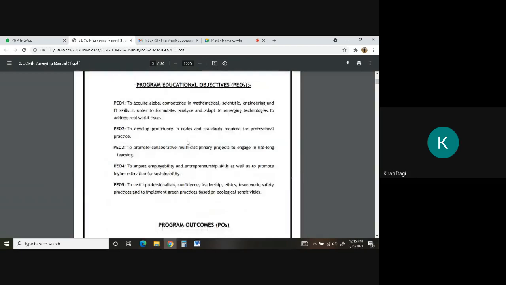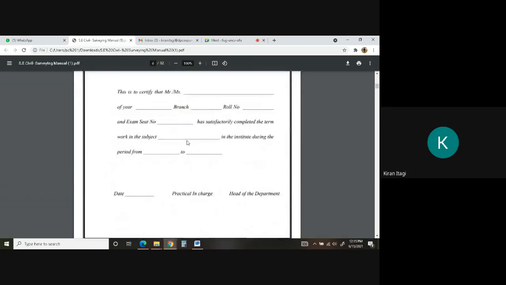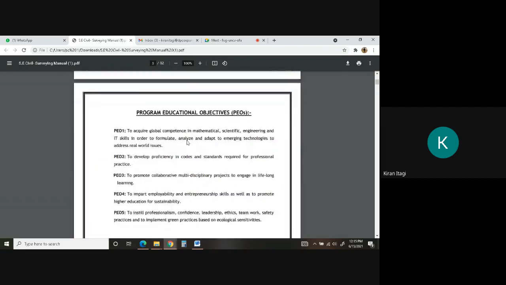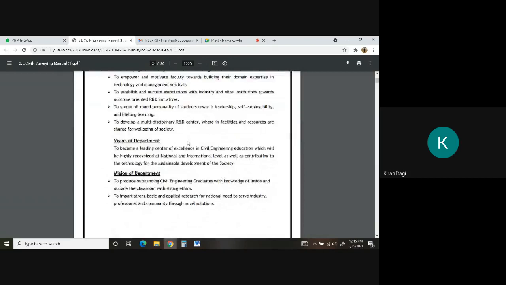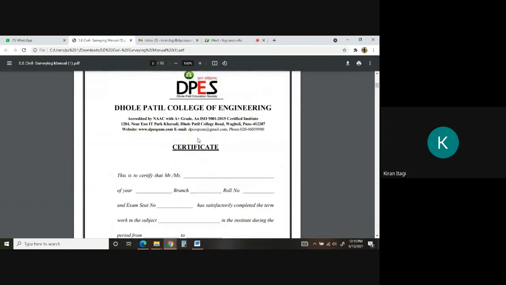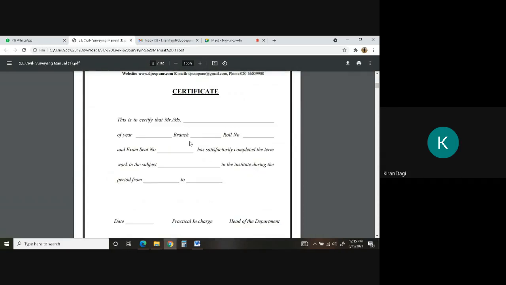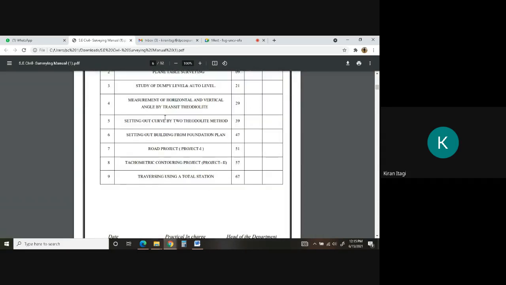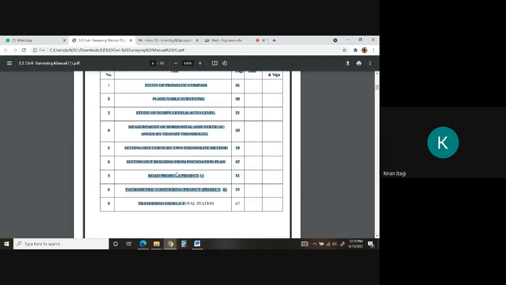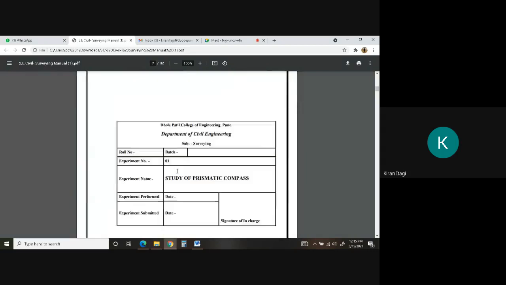On the very first page write your name, roll number, subject, and then write down the index. In the index you have totally 9 experiments. Write down those things.